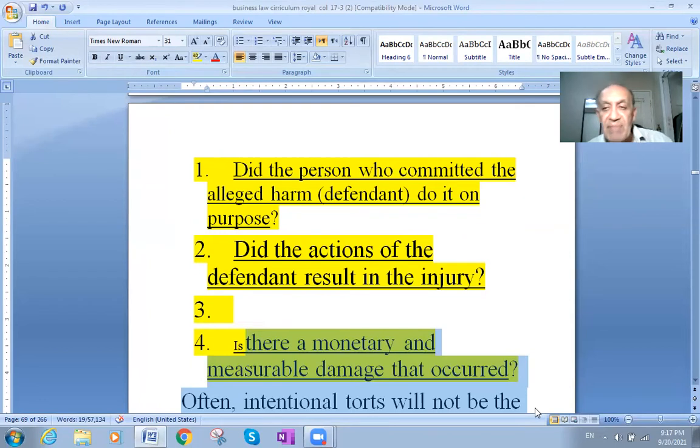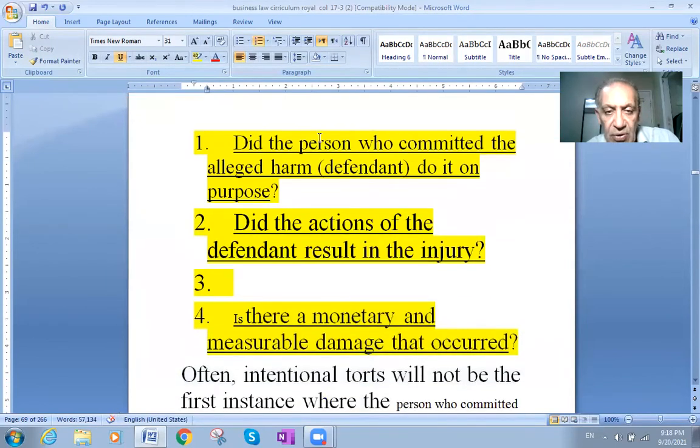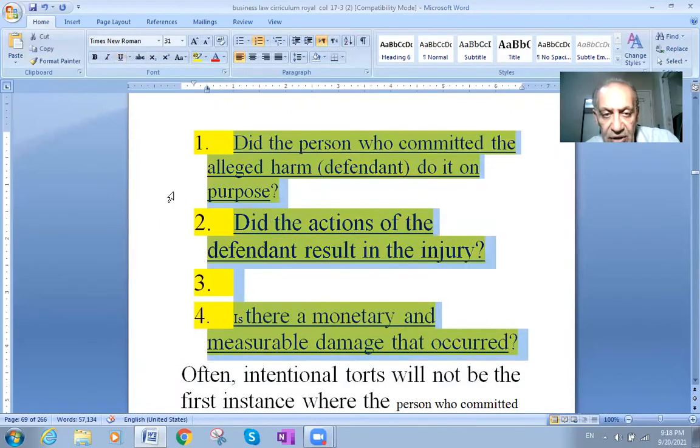If any monetary harm happens, like I lost money or something because of this harm, that's the third point. So those are the three points, which are very important to make sure about the tort.